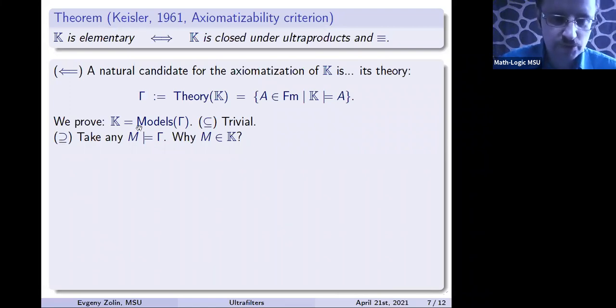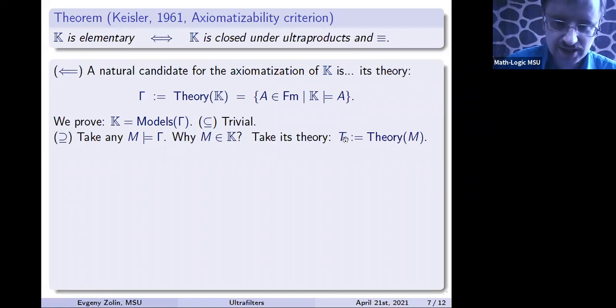So we only need to prove the converse inclusion. What does it mean to prove the converse? Take any model from the right hand side. So take any model where gamma is true. Why is it in K? In this model M, besides gamma, there are some other laws. So M satisfies these laws, but it may also satisfy some more laws.